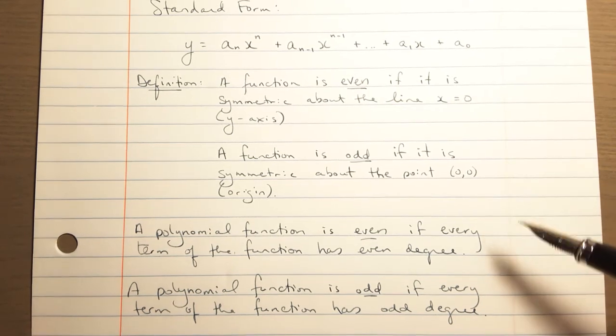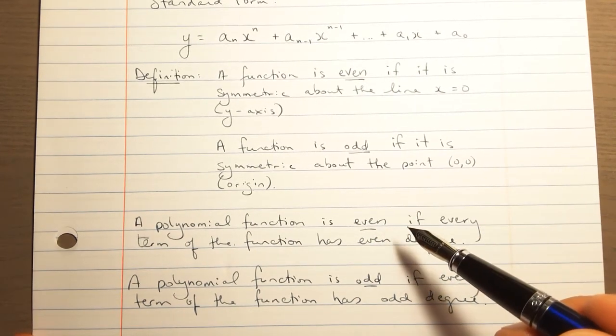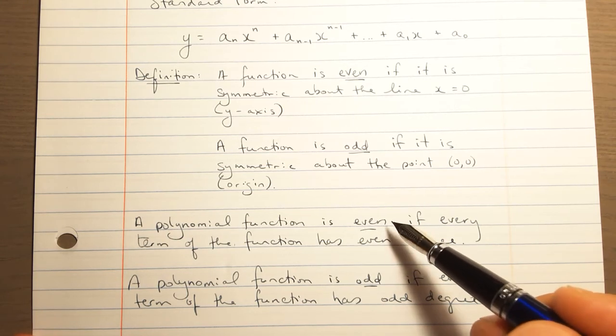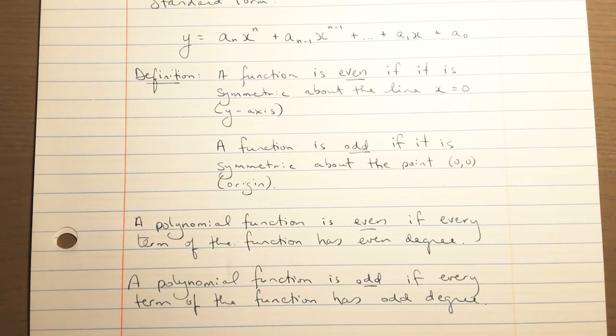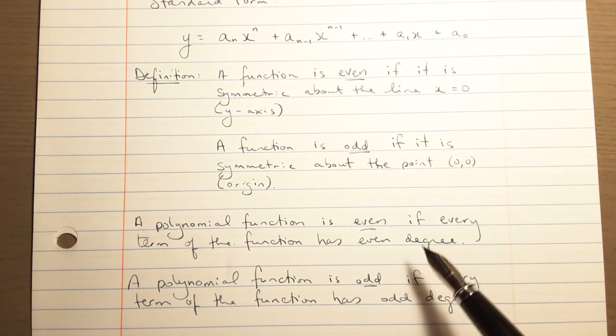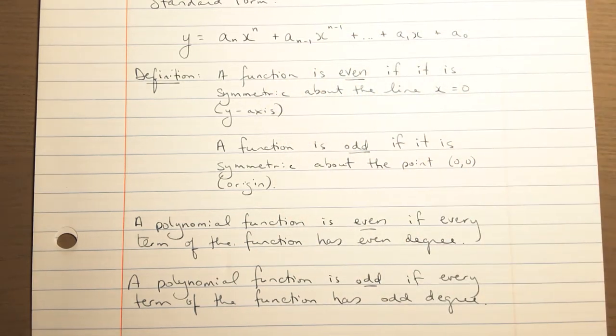So these already happen sort of by default with power functions, because a power function like 5x squared has only one term and it's even, so the polynomial function then is an even function. So power functions get these really cheaply. Other polynomial functions, you have to check every single term to see if it works.